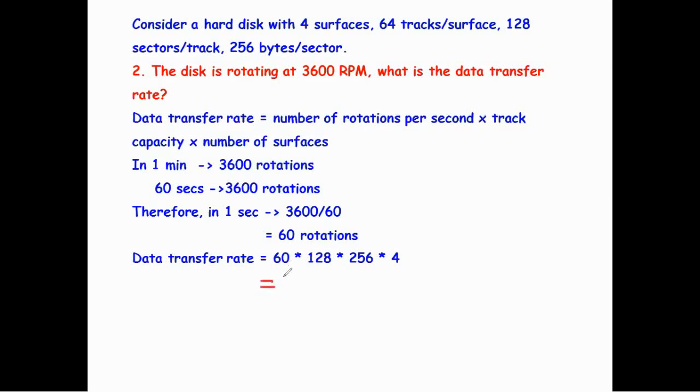Now 60 can be represented as 15 into 4. 4 is nothing but 2 power 2. Then 128 can be written as 2 power 7 and 256 can be written as 2 power 8. 4 can be written as 2 power 2.